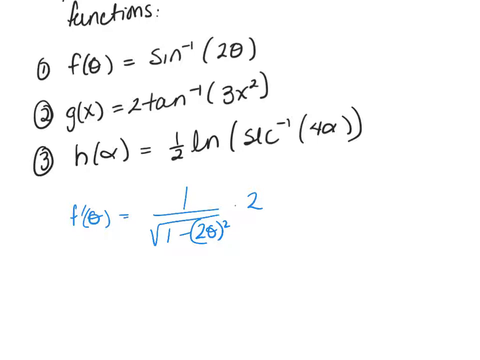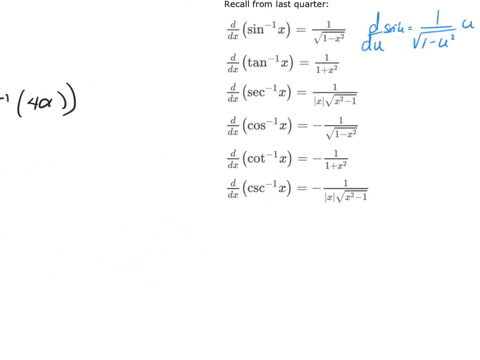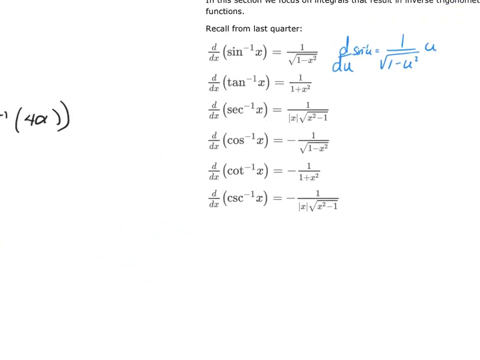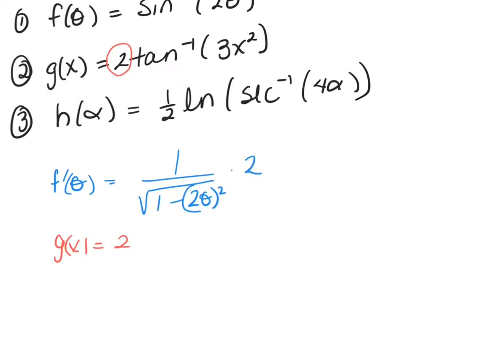Okay, so then I'm going to look at my next one, which is my tangent inverse, so number 2. So g of x is going to be equal to, 2 is going to be the multiplier because I have a 2 as a multiplier. I come over here and I find the tangent. Tangent is 1 over 1 plus x squared. So this is going to be multiplied by 1 over 1 plus 3x squared squared.